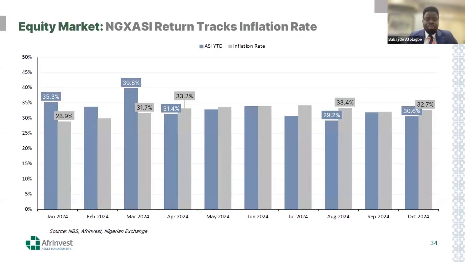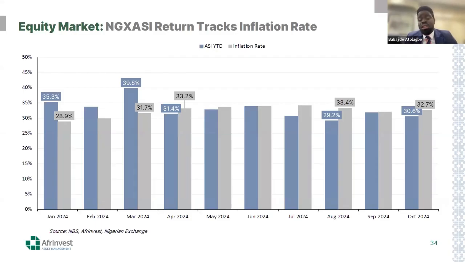Meanwhile, for equities, this market has always tried to compensate for inflation, and we saw that happen again in 2024. At the first quarter, we reported that the NGX returned as high as 9.8%, sufficiently above inflation at 1.7% then. But as inflation worsened, and as some corporate restructuring events were happening and market sentiments were pricing in, we saw that the return on the NGX has moderated to 30.6%.